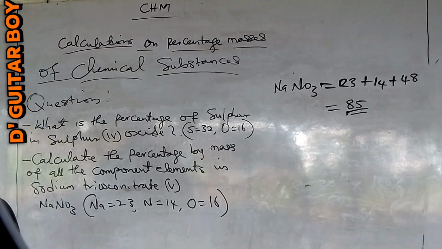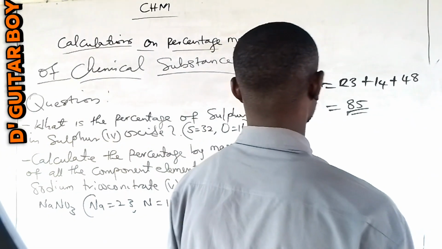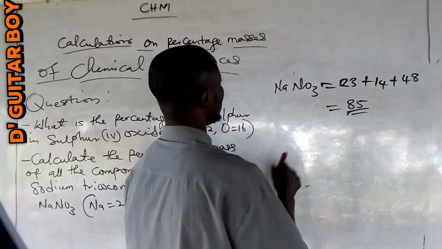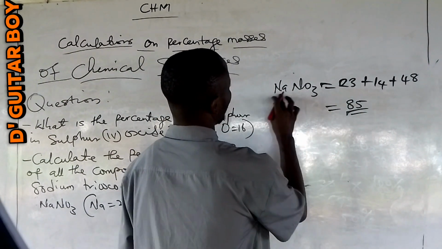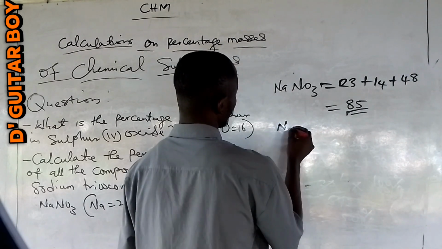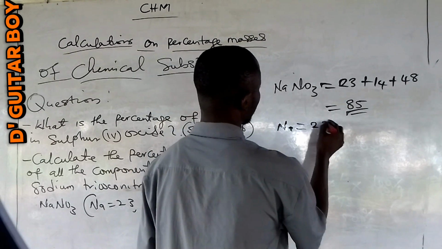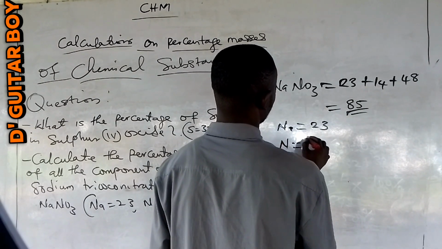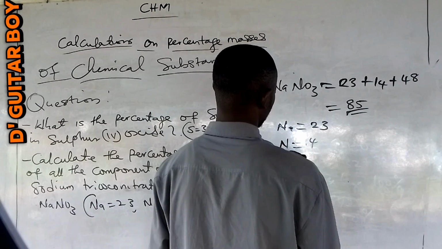Now they ask you, just as you did in the previous calculation, to calculate the percentage. What is the relative mass of sodium? It is given in the question, but in case they didn't give it to you, it is 23. The mass of nitrogen is 14.